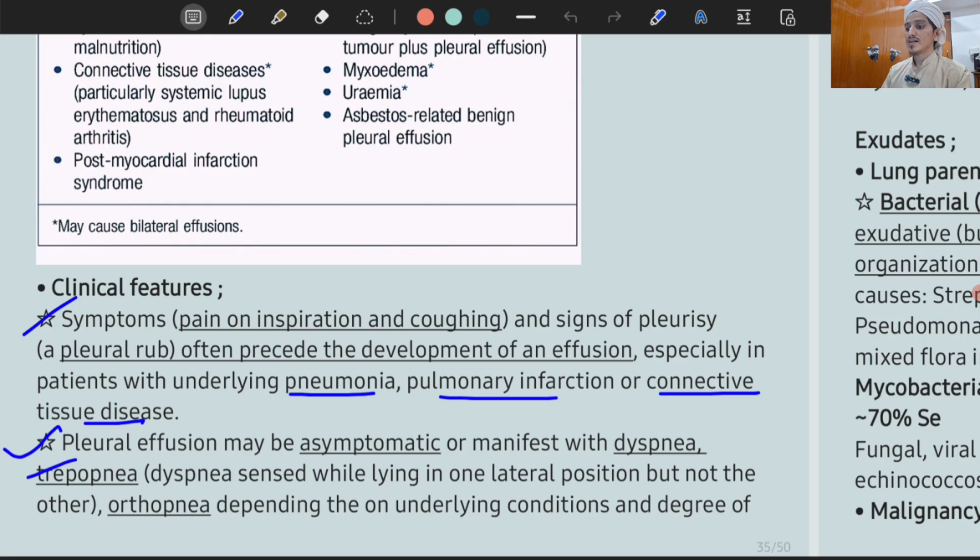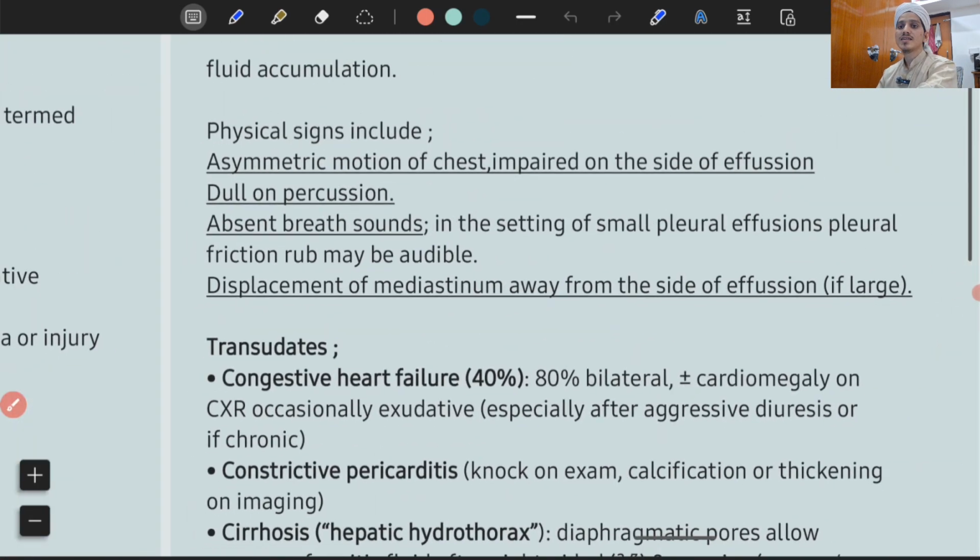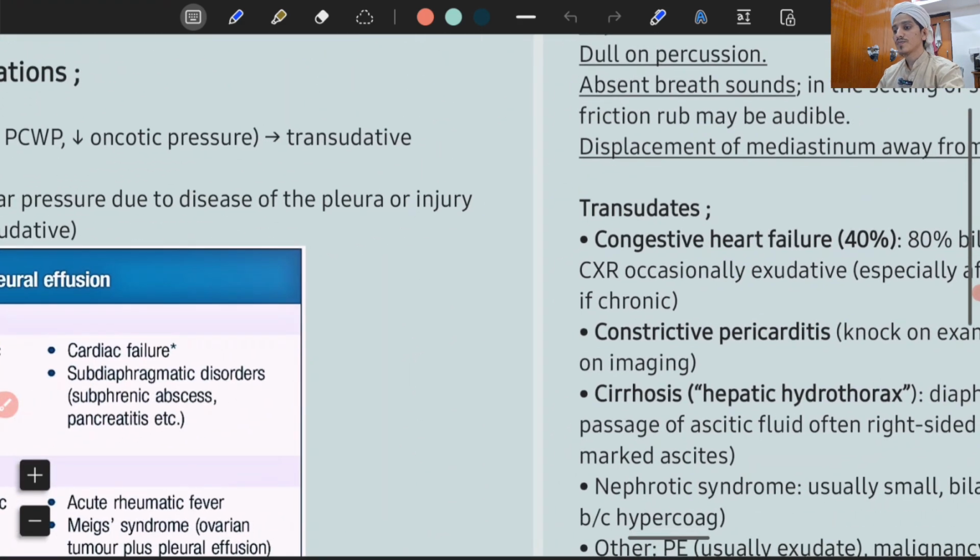Orthopnea, depending upon the underlying conditions. For example, in cardiac failure patients, depending on the underlying conditions and degree of fluid accumulation, there can also be orthopnea.